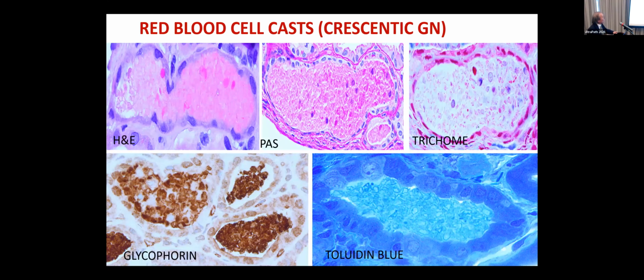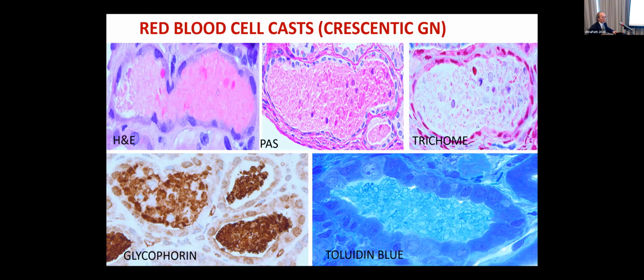And the next type of cast we always talk about is the red blood cell cast, as you can see here. That is the typical picture of that, in which we have probably degenerated red blood cells, and we have intact red blood cells, and this is the feature of the PAR stain, that is, the trichrome stain.